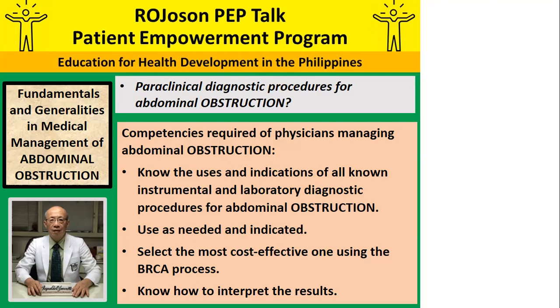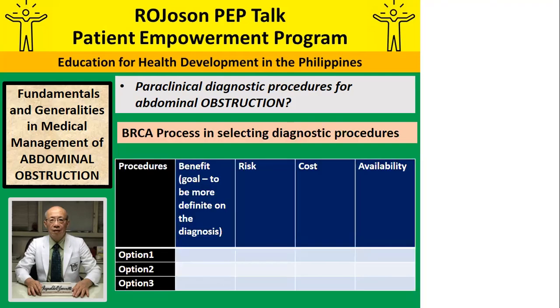They must also know how to interpret the results, on their own or with help. So this is the illustration of the BRCA process. B stands for benefit, R risk, C cost, and A availability.